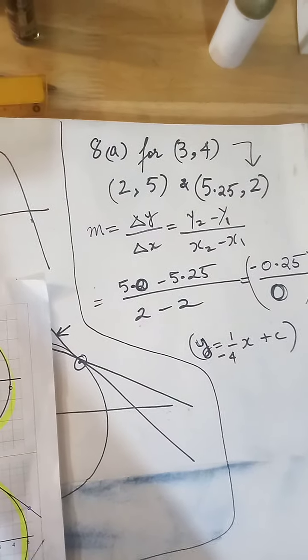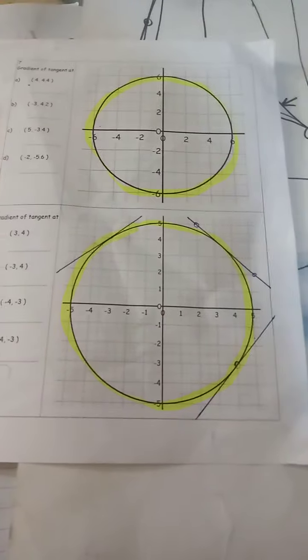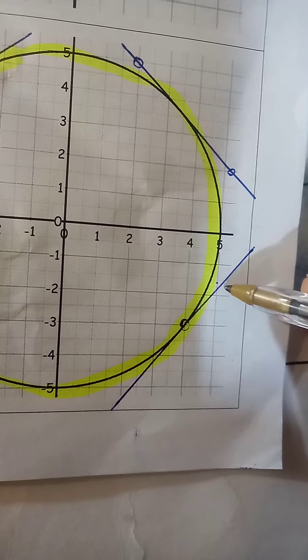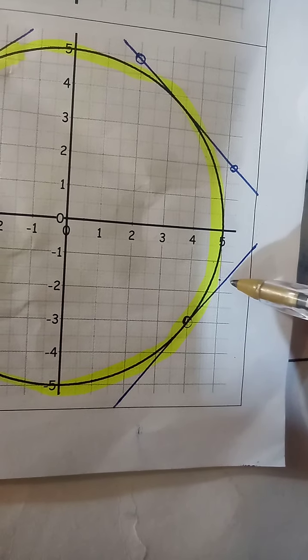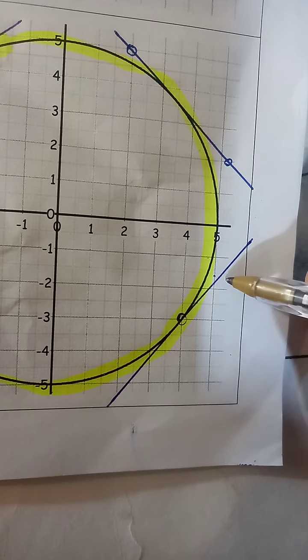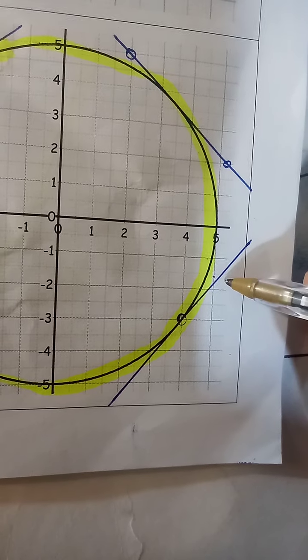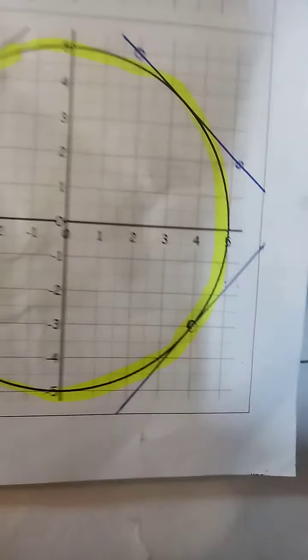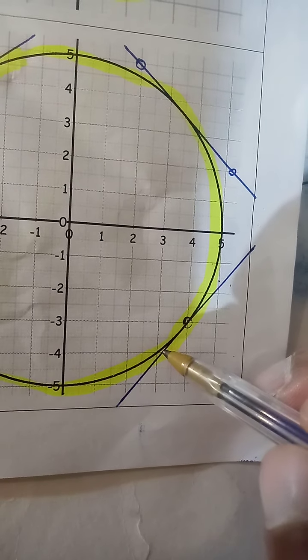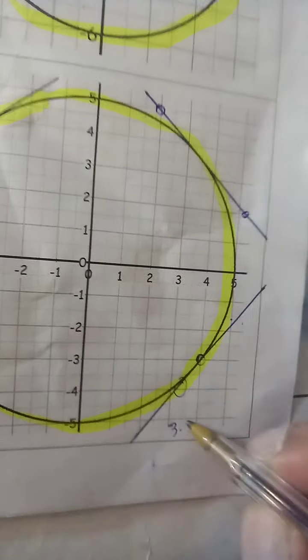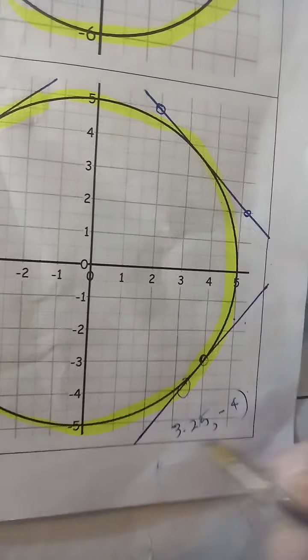Okay, so moving on to this line, we'll get the coordinates 3.25 and 4, minus 4. 3.25, minus 4.